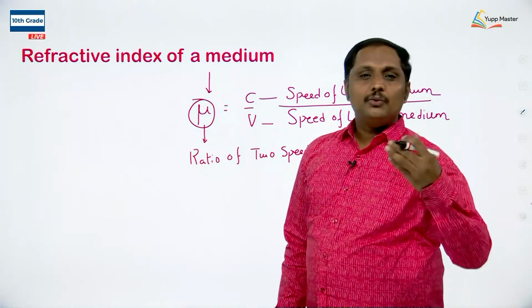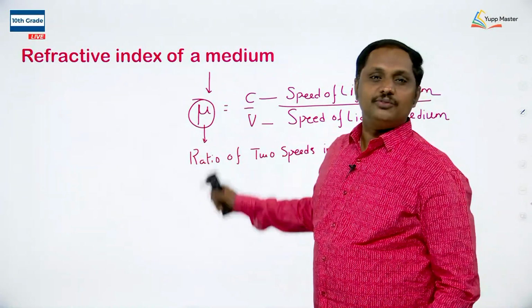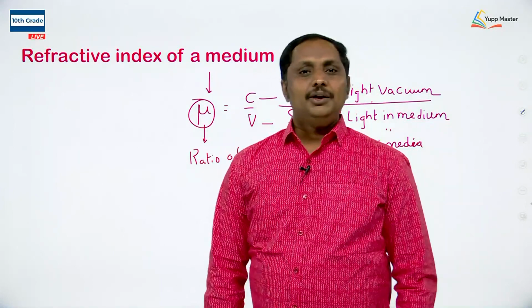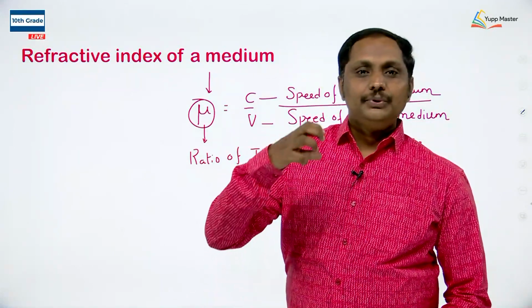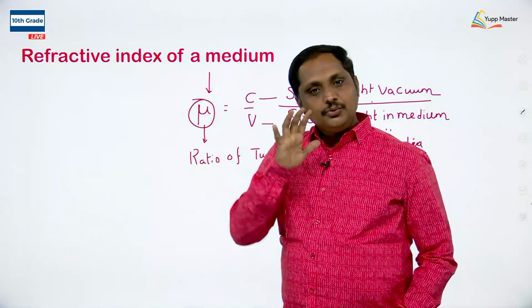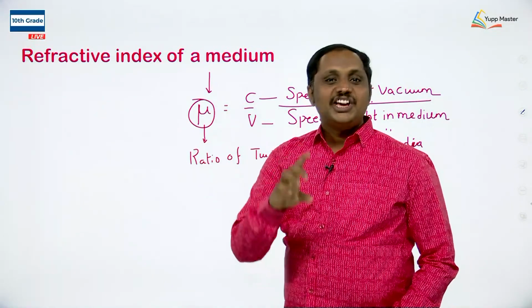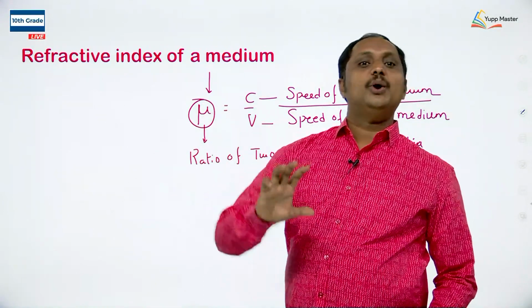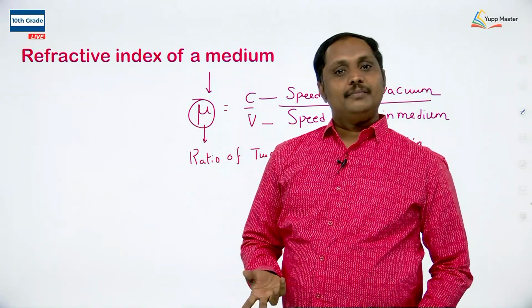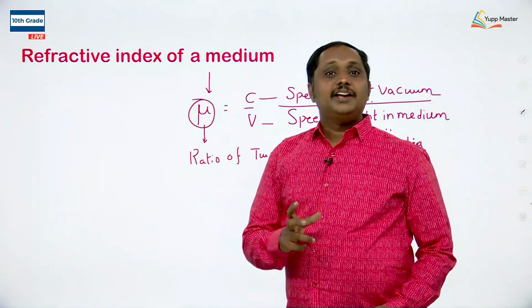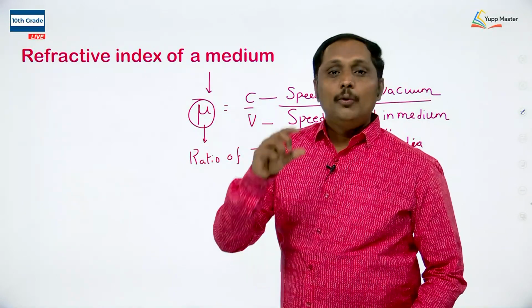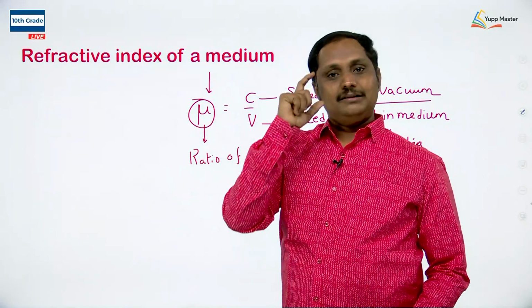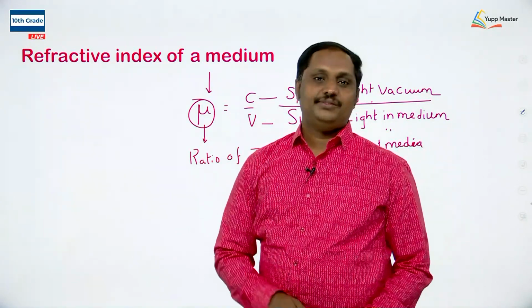Now, if you are going to talk about the significance of the refractive index, if you want to identify the change of speed of light when it enters from one medium to another medium, that change can be identified by how many times the speed of light changes.